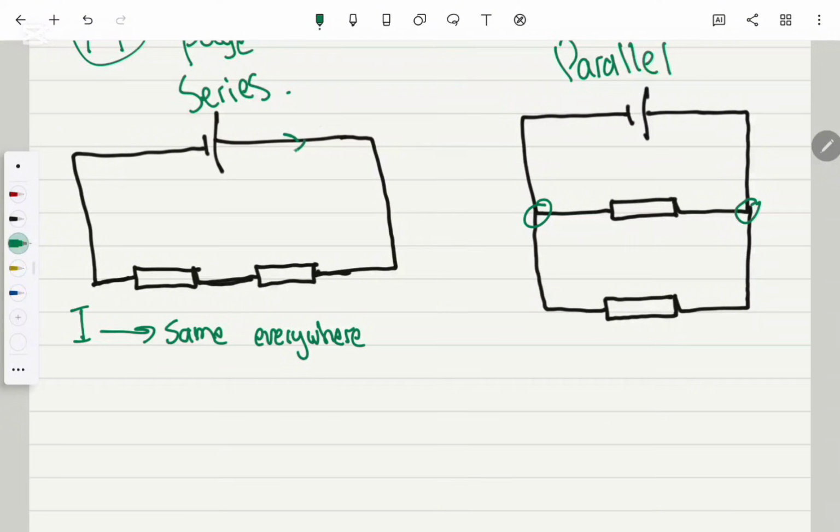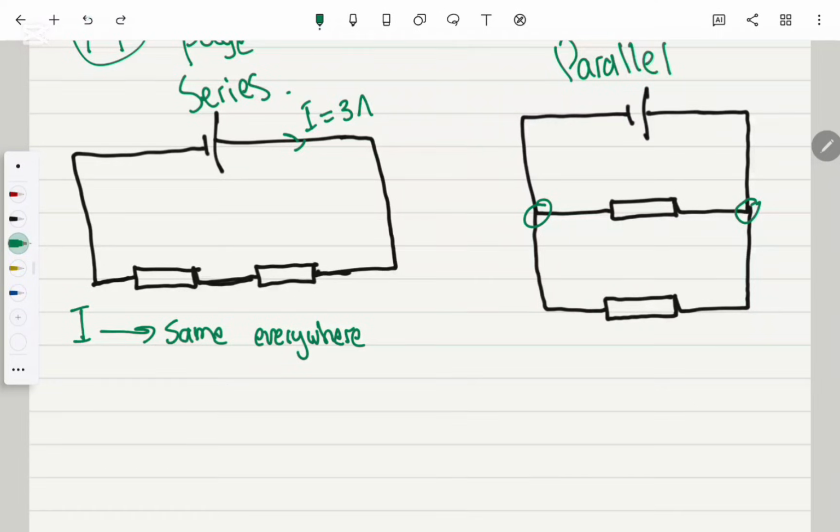Meaning that if I give you the current right here in the question and its value is 3 amperes, you can use this 3 amperes to solve anything, because it stays the same. The 3 amperes are going to move here, enter this resistor, enter the other one, continue moving until they enter the battery again and come back again. So if you are given, or if you calculate the electric current anywhere on the circuit, you can use it to solve any part of the circuit with no issues at all.